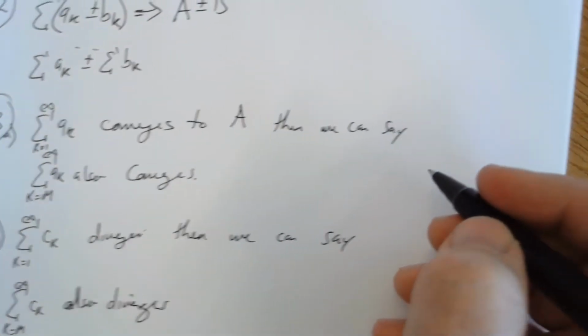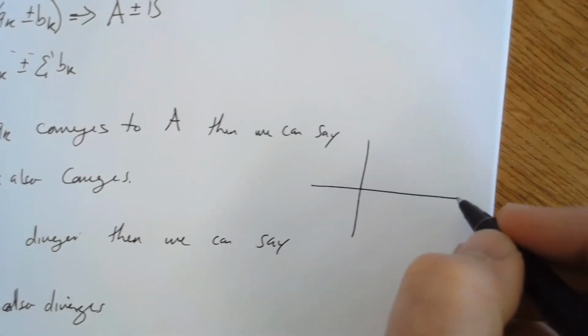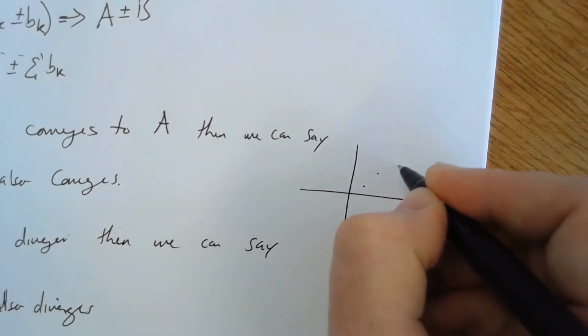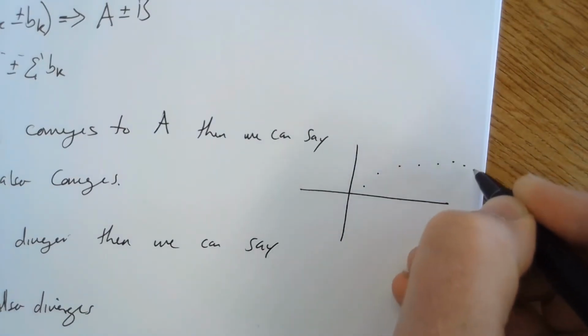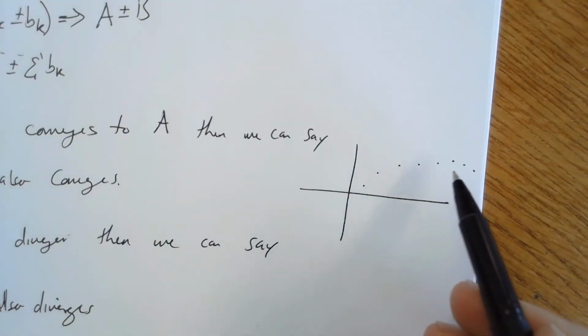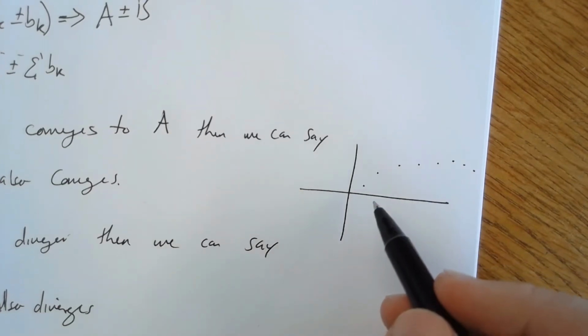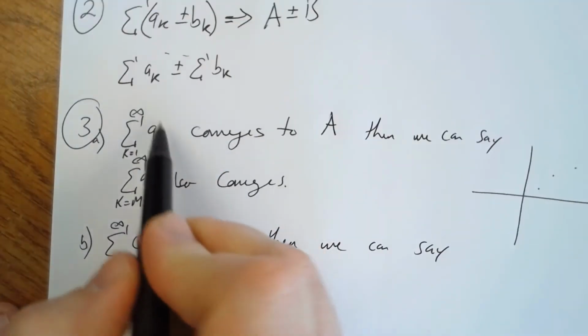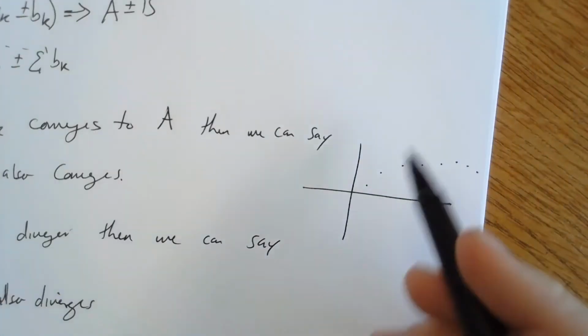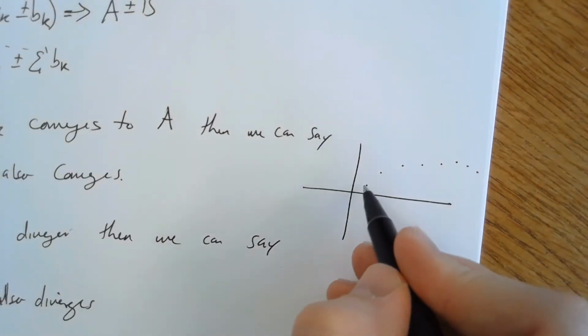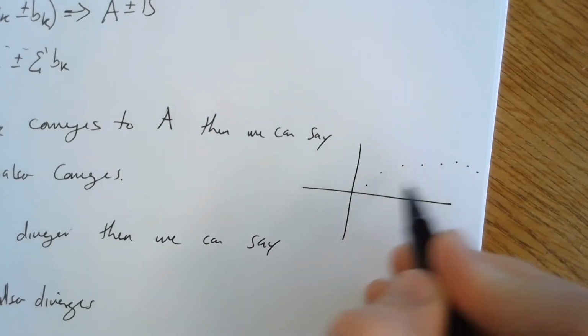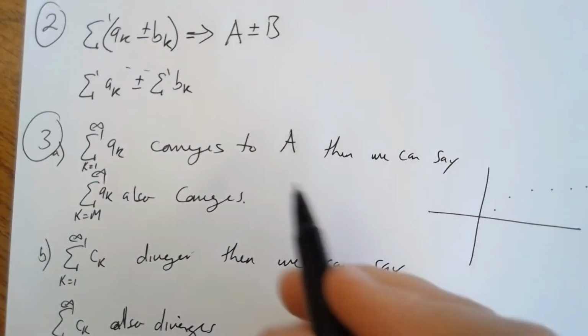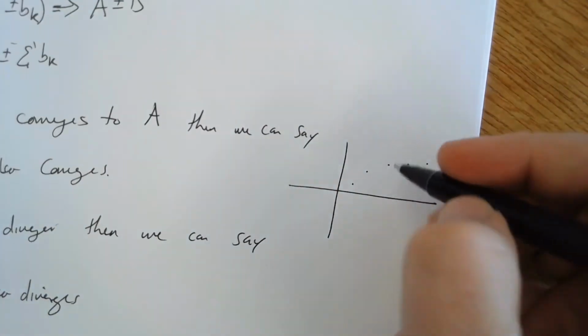It's like saying I have a set of terms, and the series is just a set of terms. If I do something with these terms and they slowly add up to a value such that the resulting series converges, then it shouldn't really matter where I start.